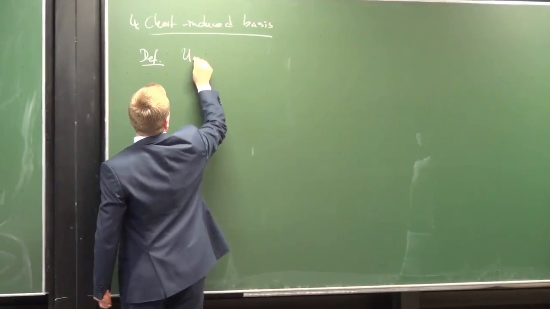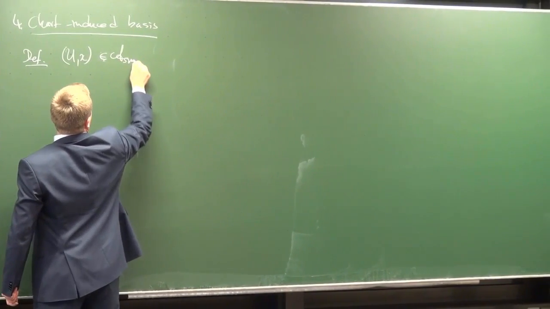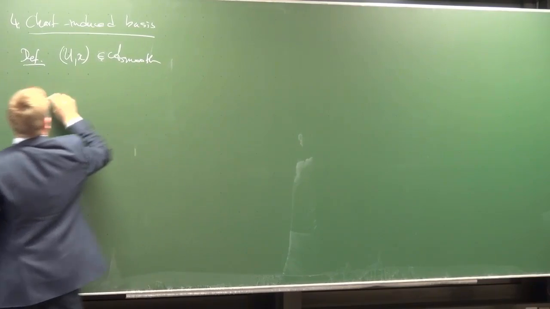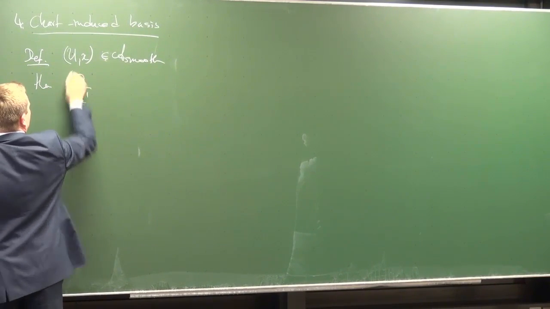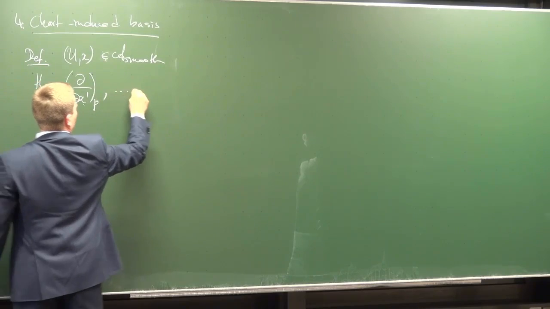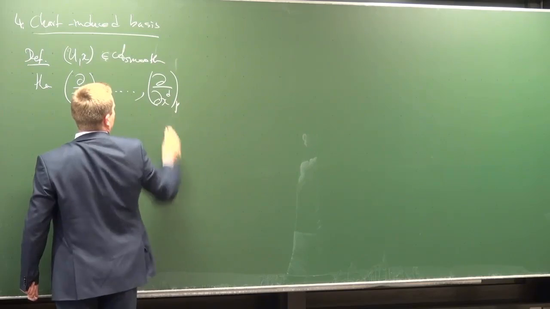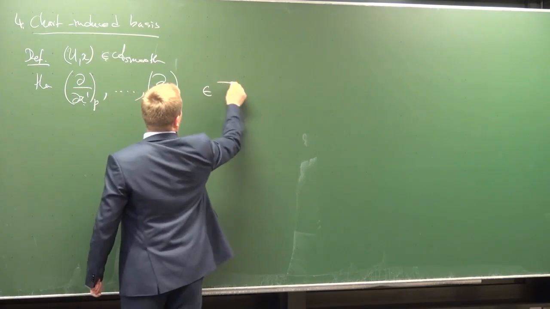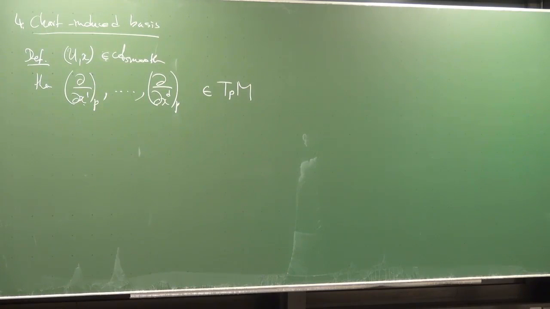If Ux is a chart in the smooth atlas, then d by dx1 at the point P, up to d by dxd at the point P, these are all elements of TPM because they're the corresponding maps, right?